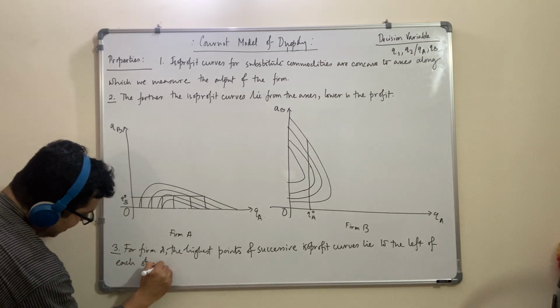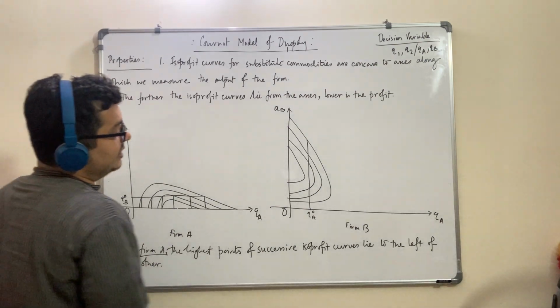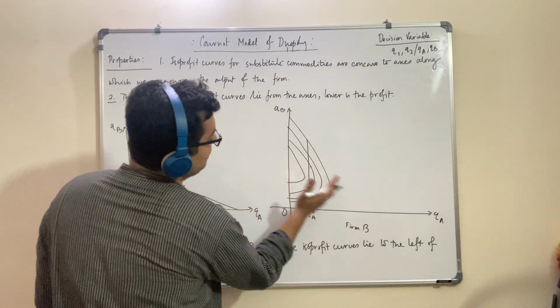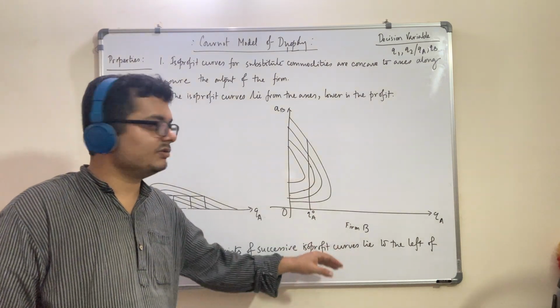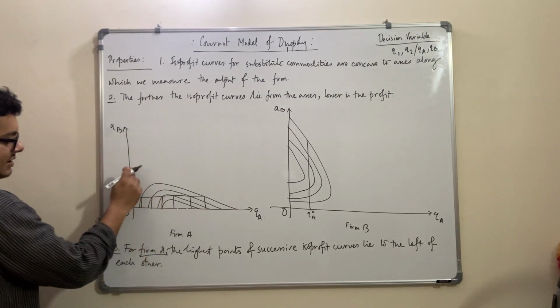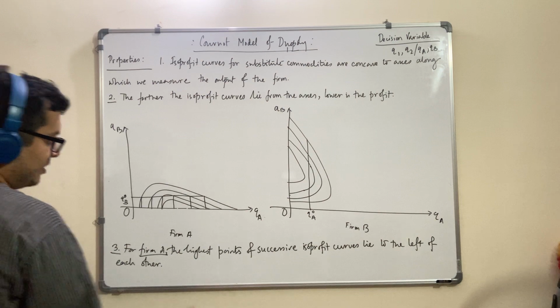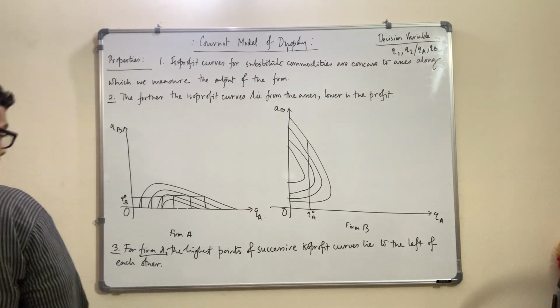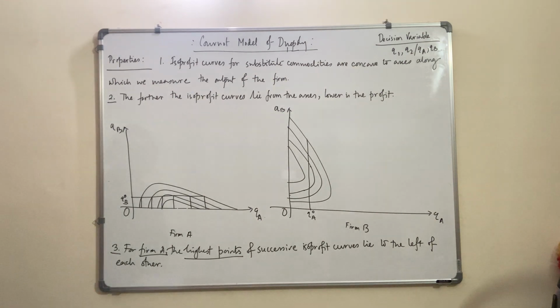You can understand why I have written firm A, because for firm B it lies on the right side. Or actually you can say also that it will go down like this. So for firm A it goes like this, and for firm B it goes like this. We are talking about the highest point. Now, these highest points, what does this signify?